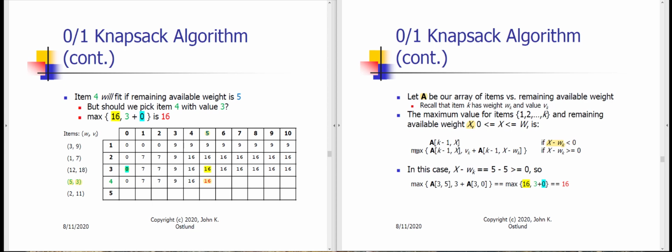And now the maximum value for a particular cell in a table, such as column 5, row 4, is going to be the maximum of either the element above, which in this case was 16, or the value of the current item, which in this case was 3, plus the value of all of the prior items in the column where the weight has been reduced by the weight of the kth item.